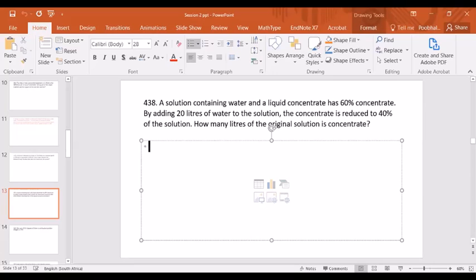All right, so what is it saying? It says that you got some container which has got water and a liquid. It's always nice to draw pictures so you have a visual of what's going on.